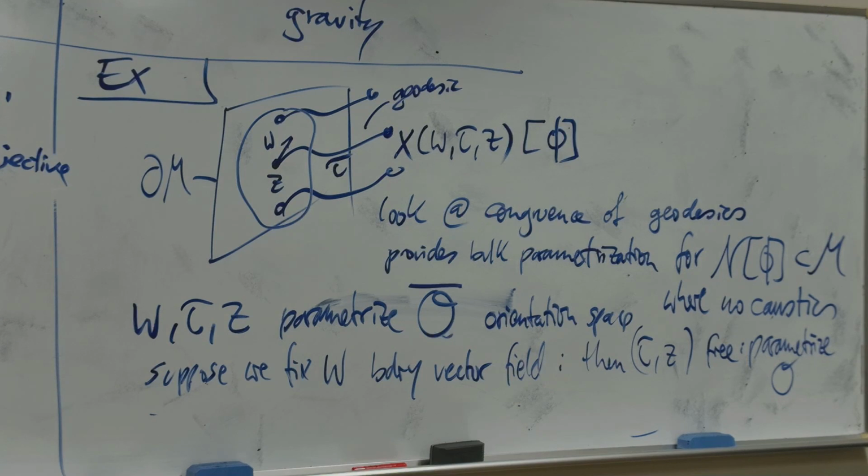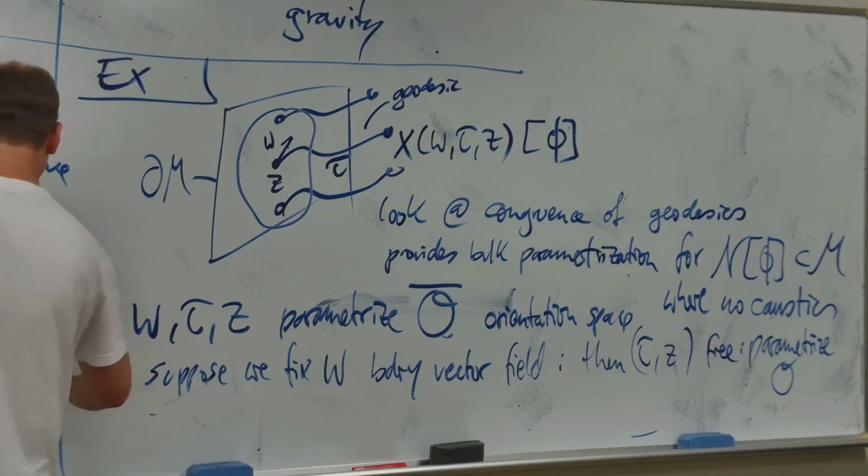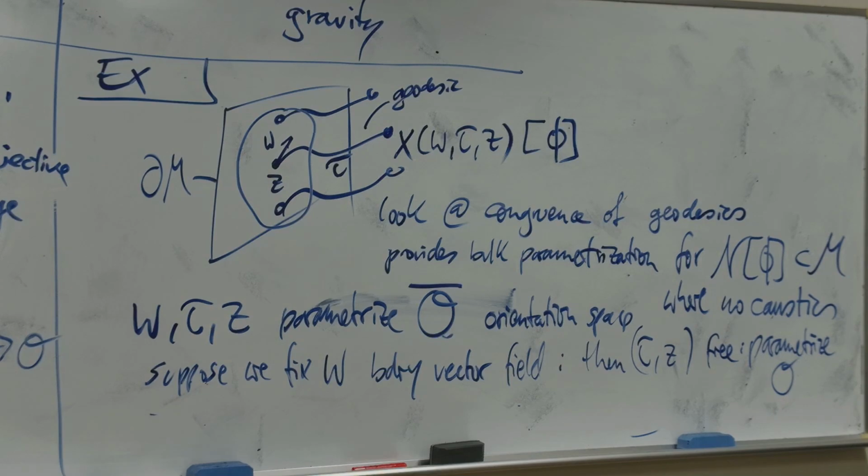So then you invert this on the image, and then you get R5, which basically is R tilde inverse, and this is going to be a map from N phi to O. Okay, so now this you can do.